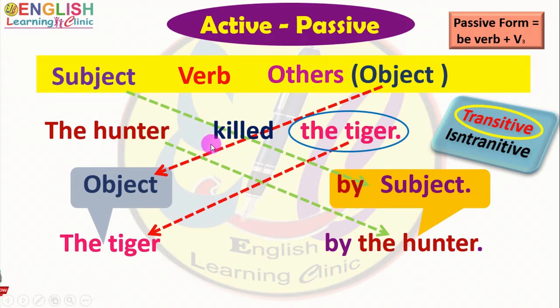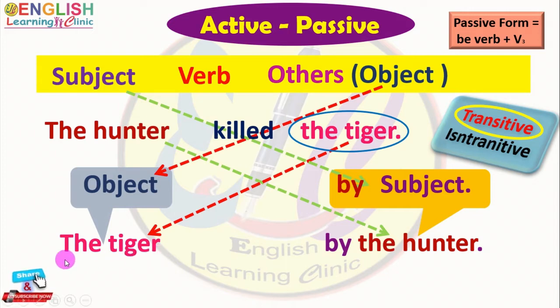To make the passive form of the verb, we will give its tense to the be verb in passive voice. The verb here, killed, is in past indefinite tense. So, the verb killed will give its past indefinite tense to the verb be. The past indefinite form of the be verb is was or were.